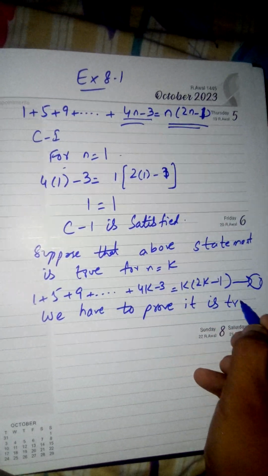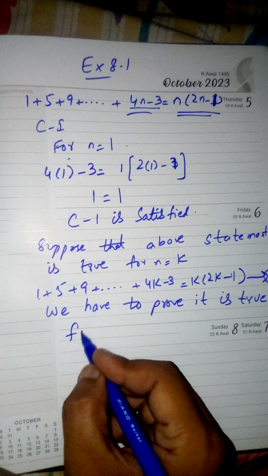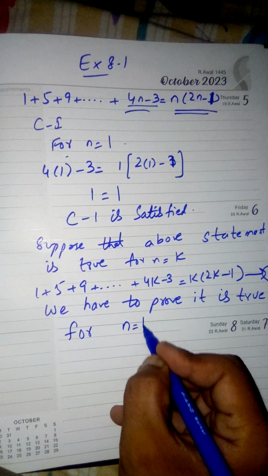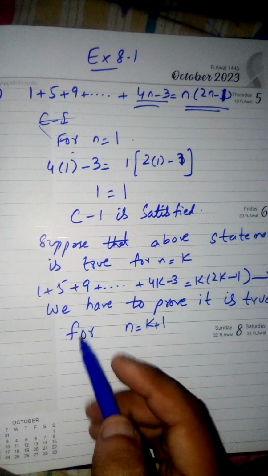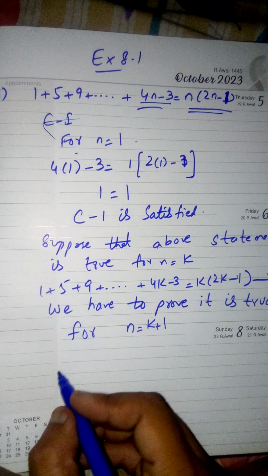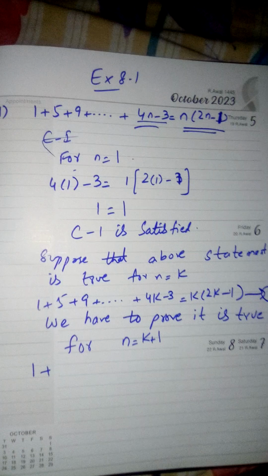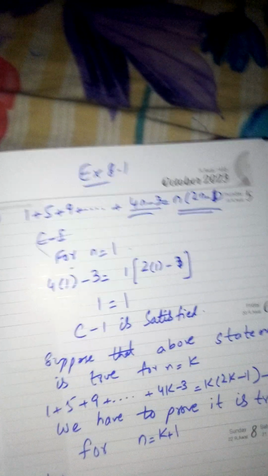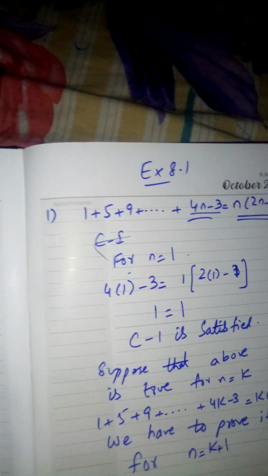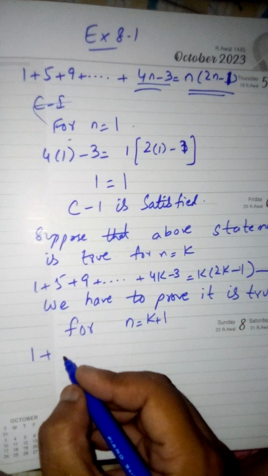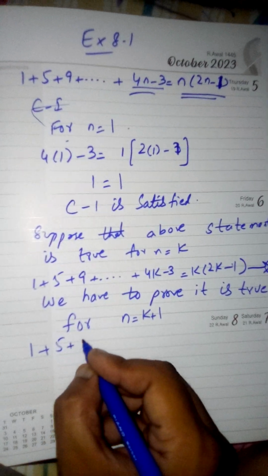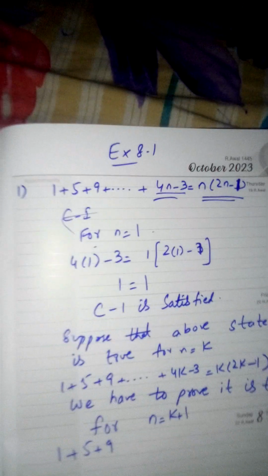It becomes 1 plus 5 plus 9, and so on up to 4k minus 3, and in the next term we put k is equal to k plus 1.